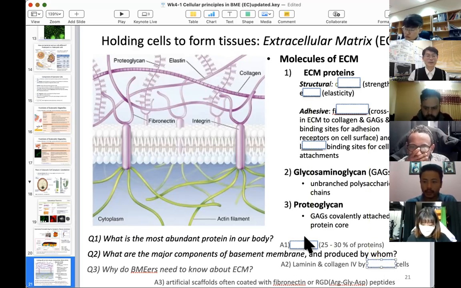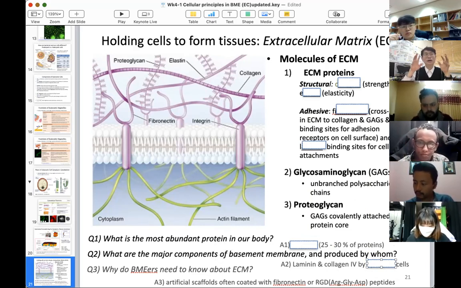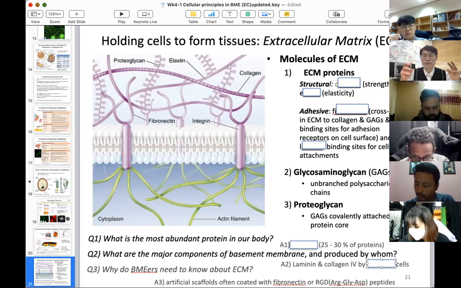Okay, so the question is, why are we talking about this ECM for this BME class? That's something I want you to know: let's say we are developing tissue engineering. So with an artificial scaffold, for a tissue substrate, we provide scaffolds, and then we have to seed the cells, hoping that the cells will form an artificial, let's say, skin substrate.